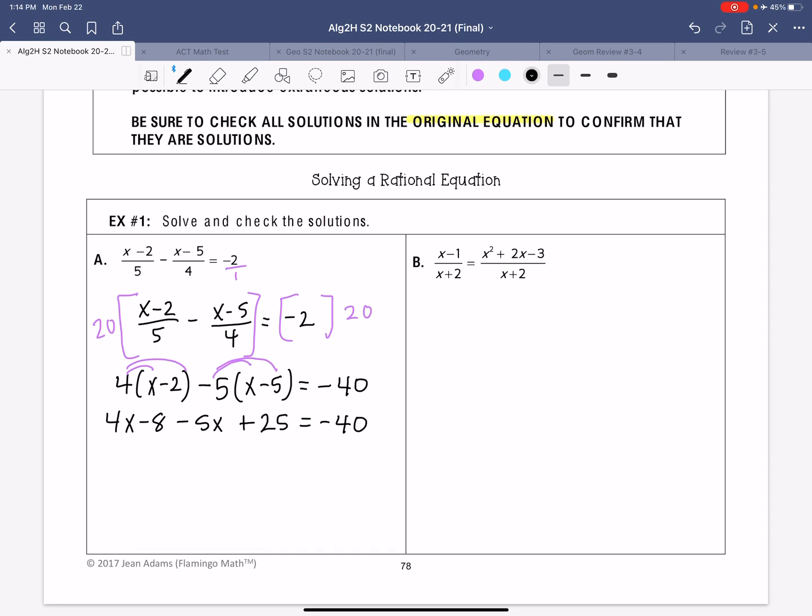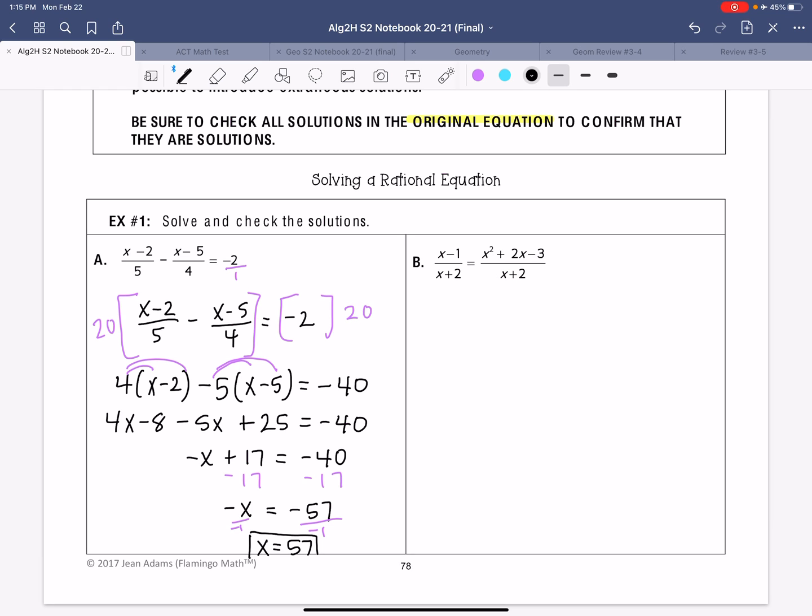Let's combine like terms. 4x minus 5x gives me -x, and 25 minus 8 gives me 17, equals -40. Subtract that 17 from both sides, so I get -x equals -57. To make it positive, we divide each side by -1, so we get x equals 57.